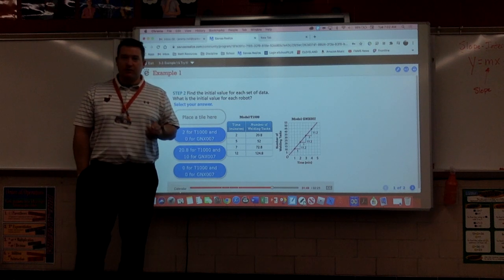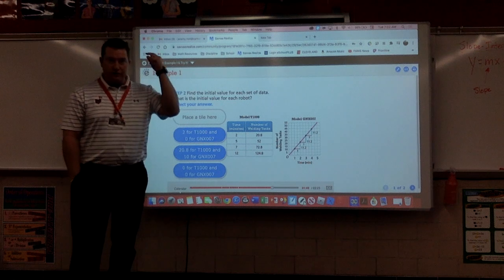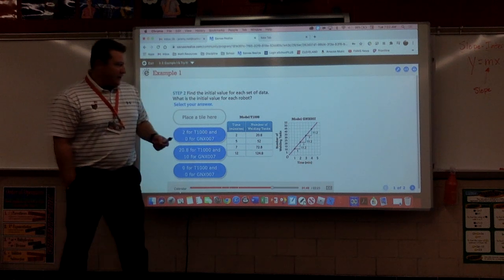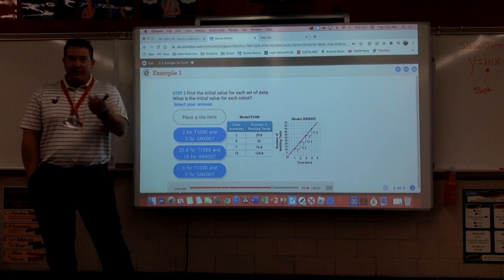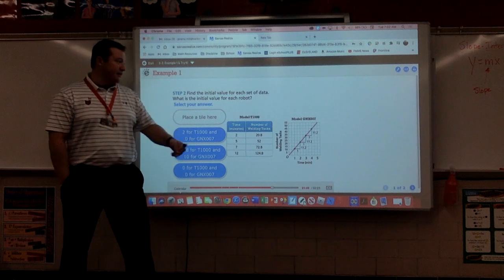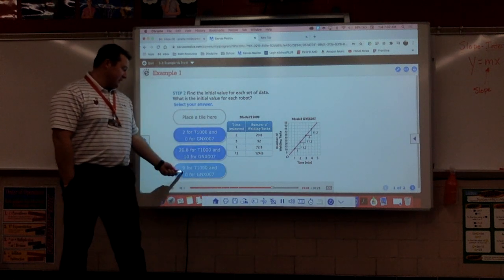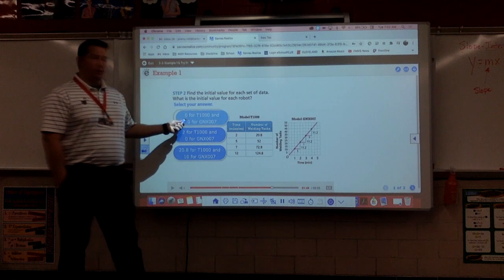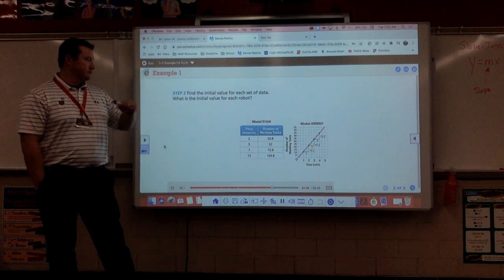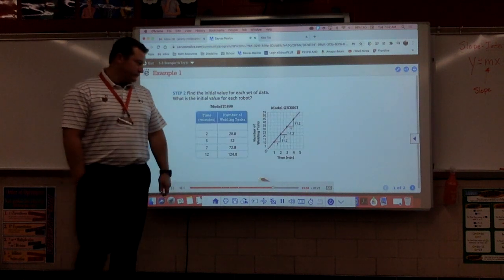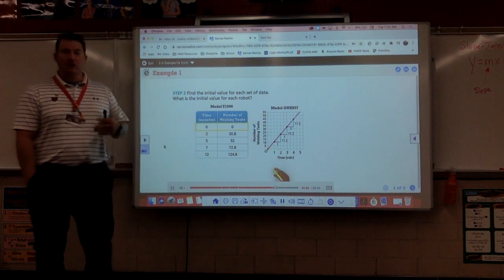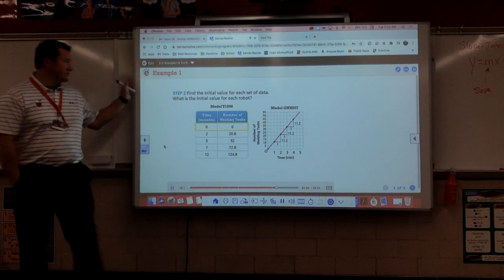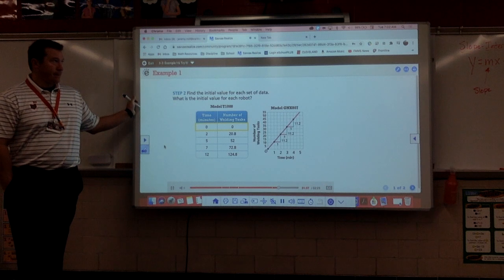Imagine before we turn the power on to the GNX 007, it doesn't have any tasks done, nor does the T1000. So their initial values or y-intercepts are both 0. These are proportional. The initial value for both robots is 0 tasks completed after 0 minutes.